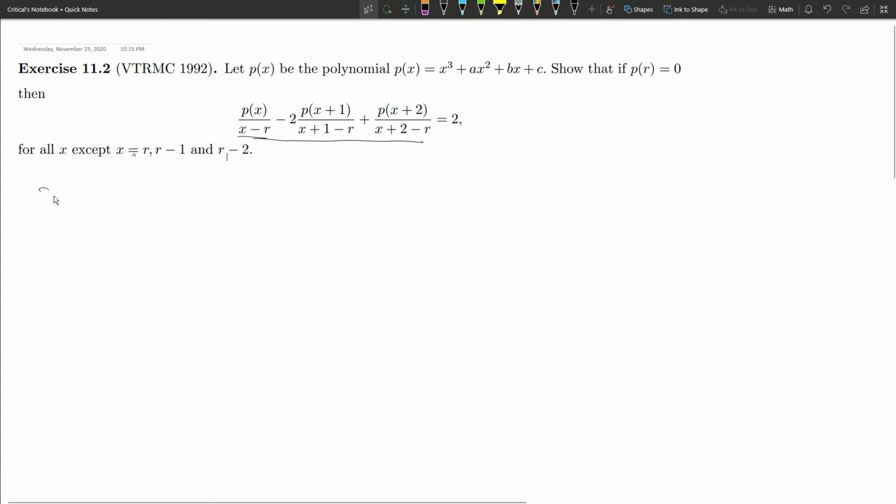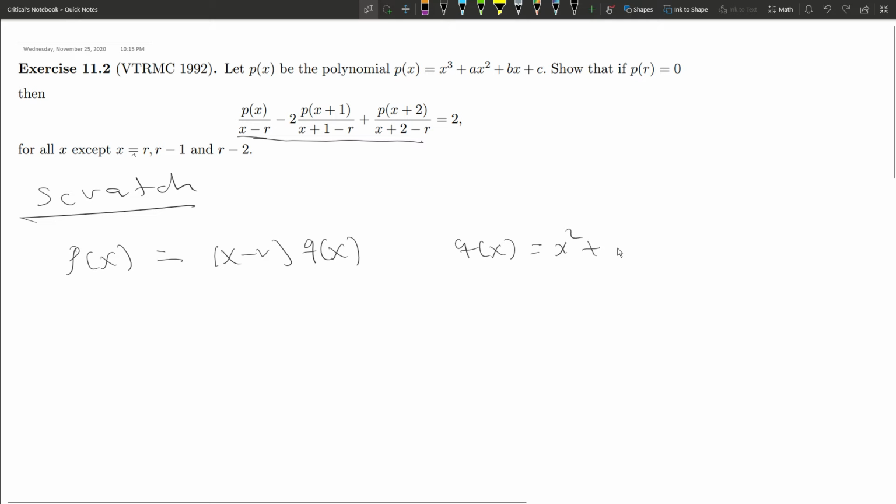Okay. So R is a root for p of x, so that means x minus R divides p of x. So you can rewrite p of x as x minus R times q of x for some polynomial q of x, and then this is x squared plus dx plus e.